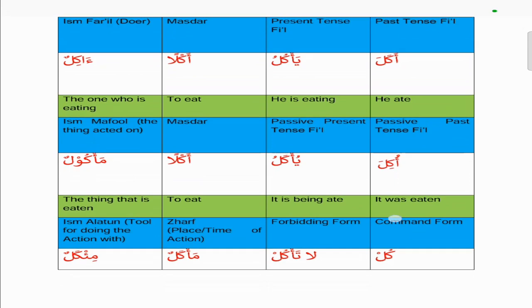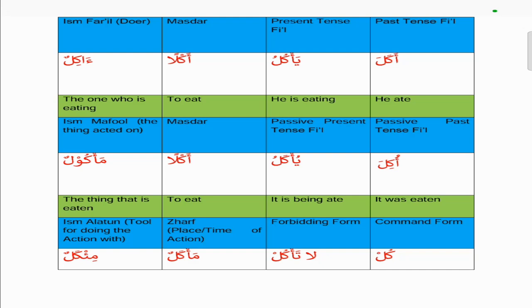So if we look at the present tense, the huwa version is ya'kulu. The anta version, masculine, is ta'kulu. If we make it into the lightest version, then we change the dhamma at the end of the lam to a sukoon, so it becomes ta'kul. Then we drop the ta at the start. And because the new first letter, the hamza, has a sukoon on it, we have to add an alif. Then we look at the second to last letter in the huwa version, ya'kulu, to see what harakah to add to the alif.